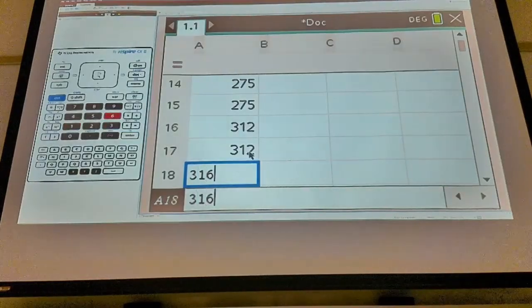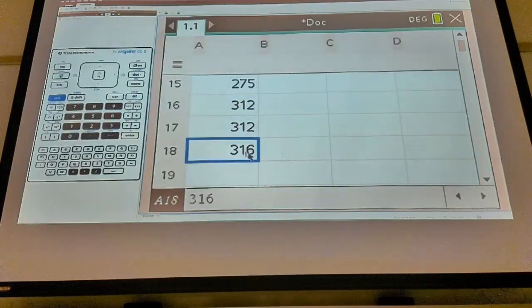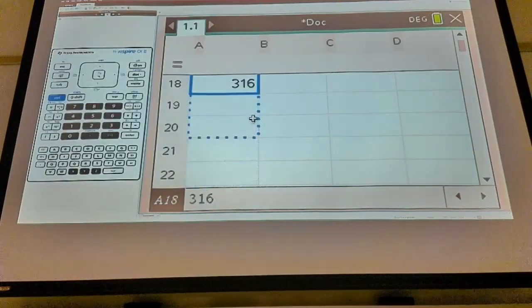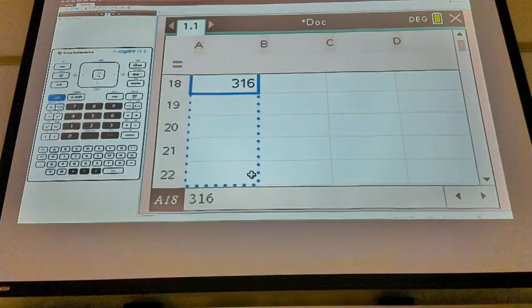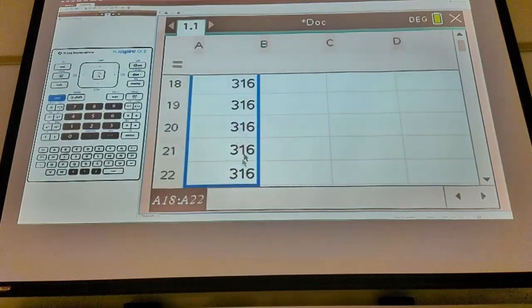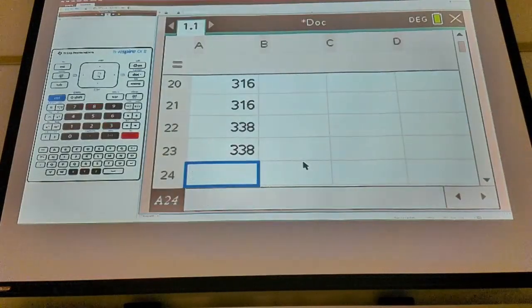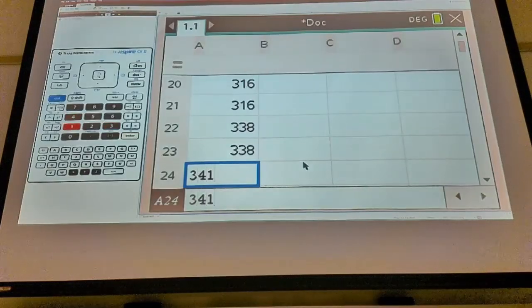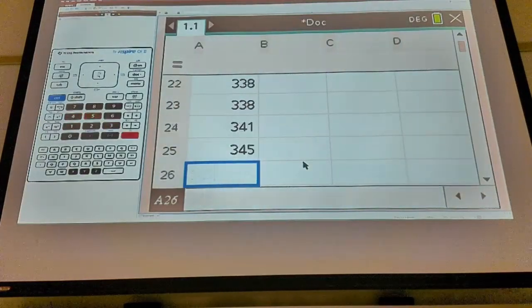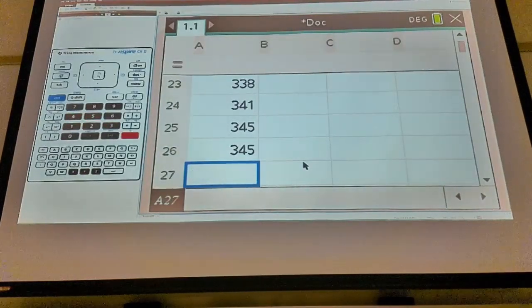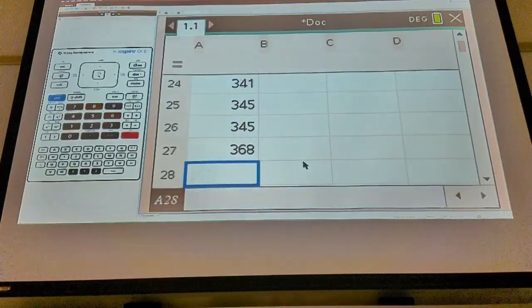Oh god, there's 5 of these. 5. 2 338s. 341, 2 of these. 341, 2 of these.